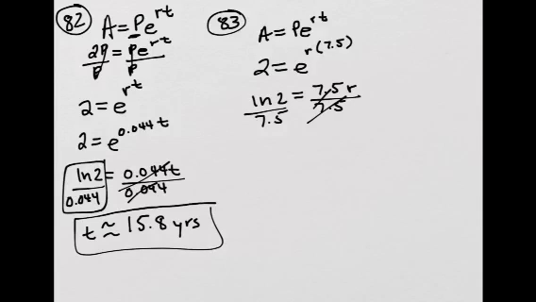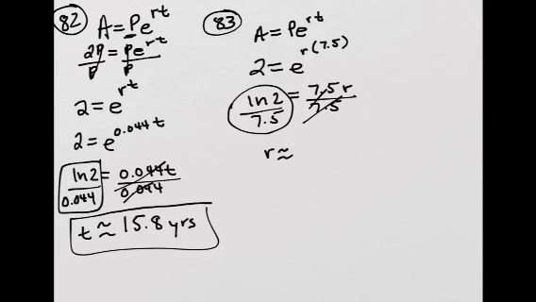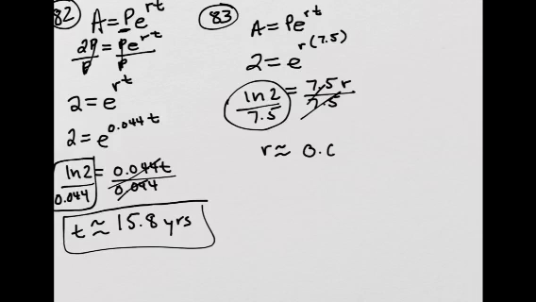So again, this is the exact value, but the rate is approximately, plug it into a calculator, and you get 0.092, right? So you're going to move it 2 places to the right, so that's 9.2%.